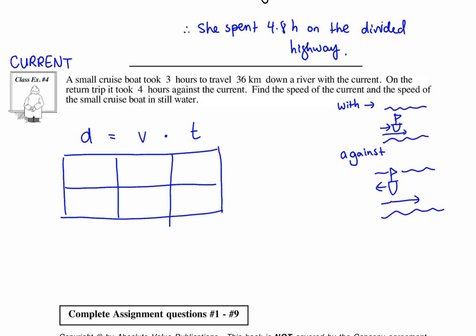Okay? So here's the problem. What they're looking for is the speed of the current and the speed of the boat in still water. Now, if I try and set those up as my two situations, do they give me information about just the current or just the still water?